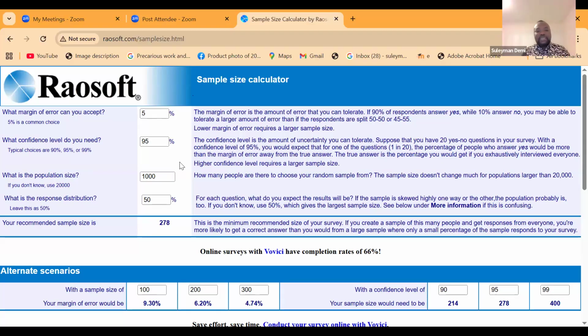So what is the sample size in this scenario? 278. Are you sure, all of you? Yeah, 278. Okay. So let me ask you, if I add another 1,000, what do you think the sample size will be?